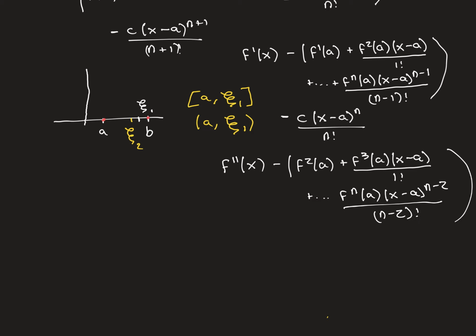And then finally we'll have our Taylor correction term, so minus c times x minus a to the power of n minus 1 over n minus 1 factorial.